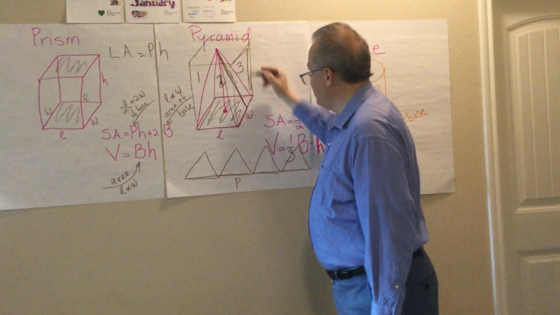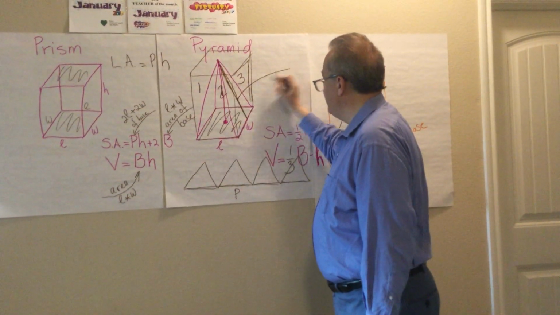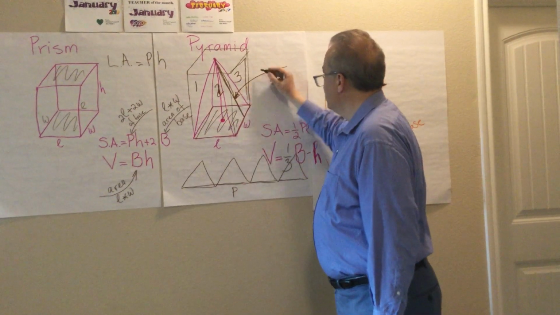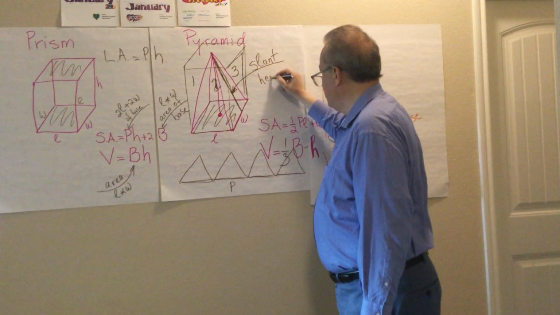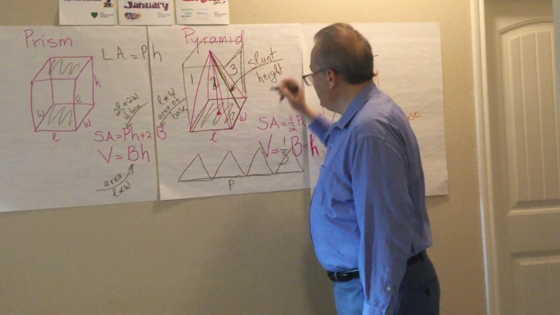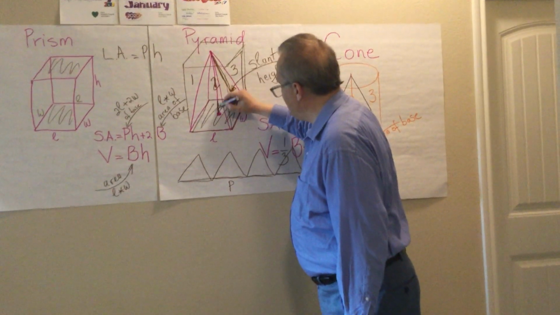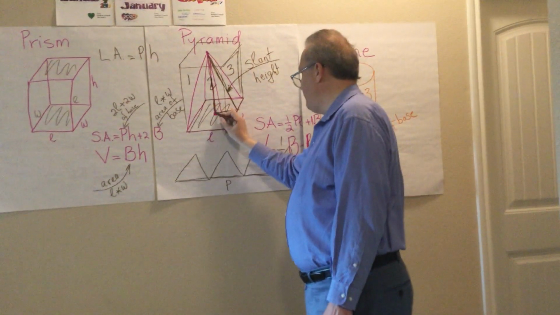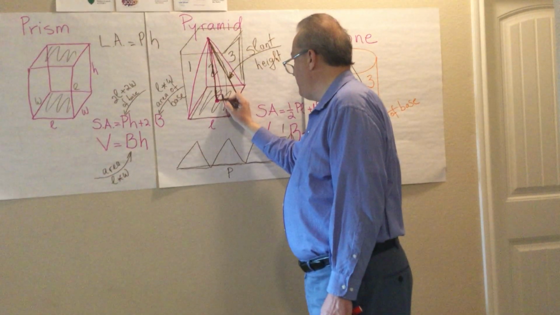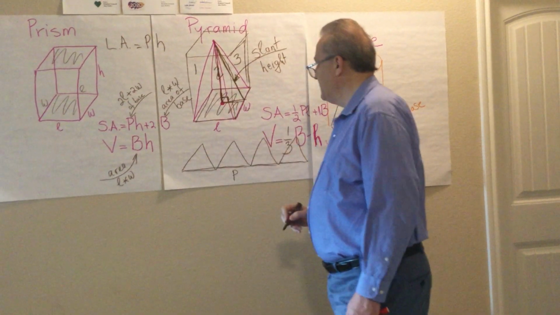The height of the triangle, which is called slant height. It's different than this height. Do you notice that together they form a Pythagorean triangle?